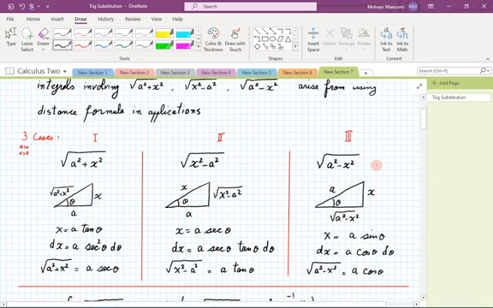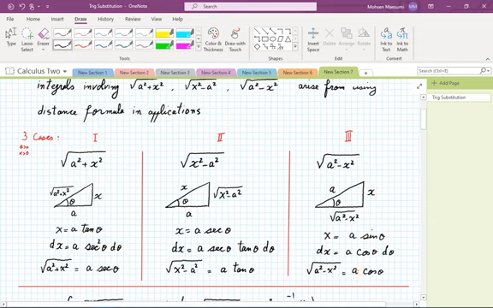In the third case, the hypotenuse is a constant and this side is the variable. We take the angle opposite that as theta, and the third side will be equal to this expression. In this formulation, x becomes equal to a sine theta, the derivative of sine is cosine, and the expression that we are after will be a cosine theta.